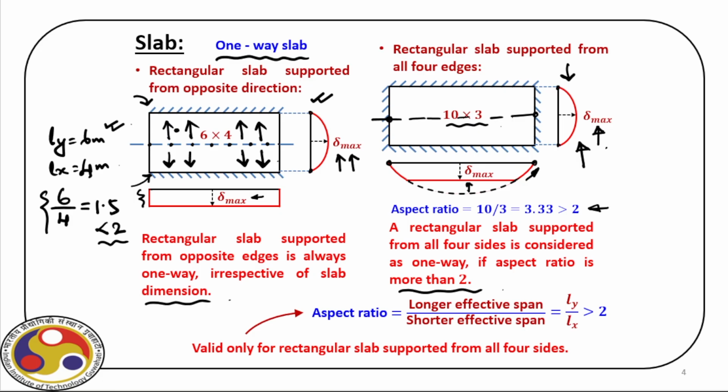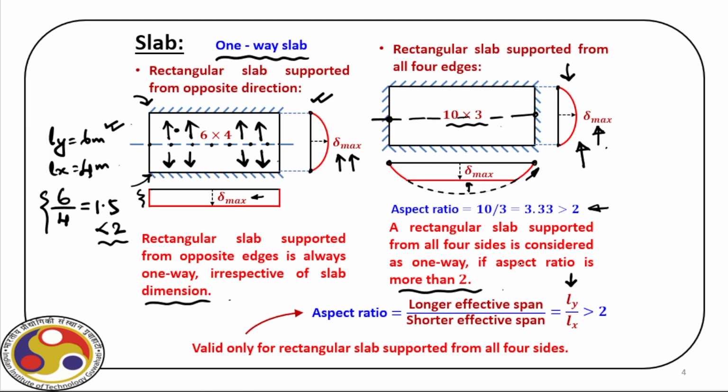So, first thing to be noted here, what is the aspect ratio for a slab? It is the ratio of the longer effective span to the shorter effective span. Just note that we define Ly as the longer span, so the y direction has the larger span, and the x direction has the shorter span.